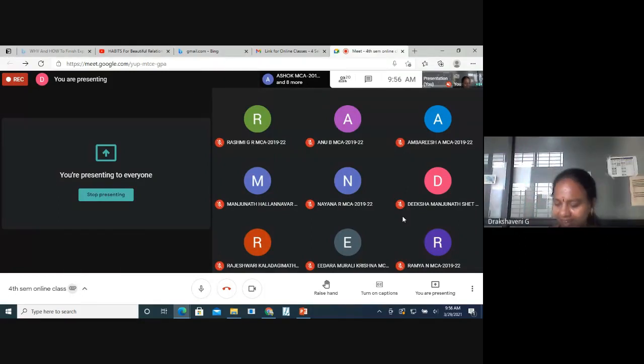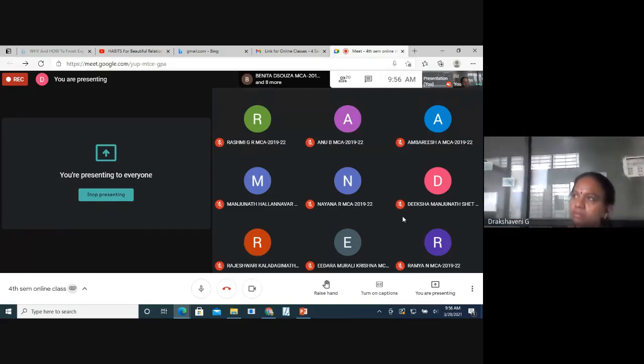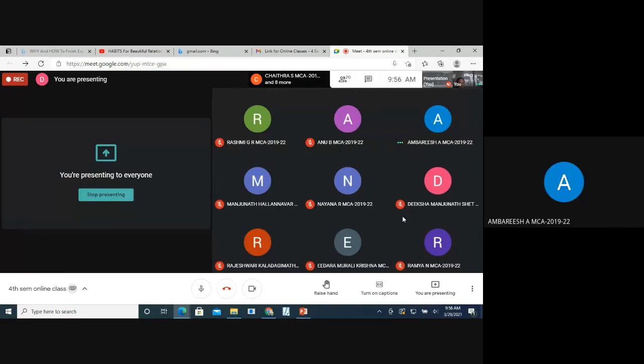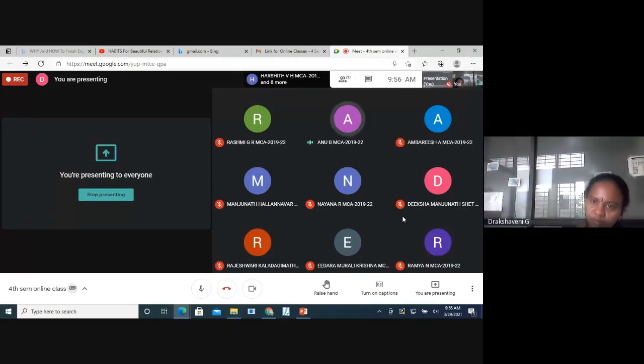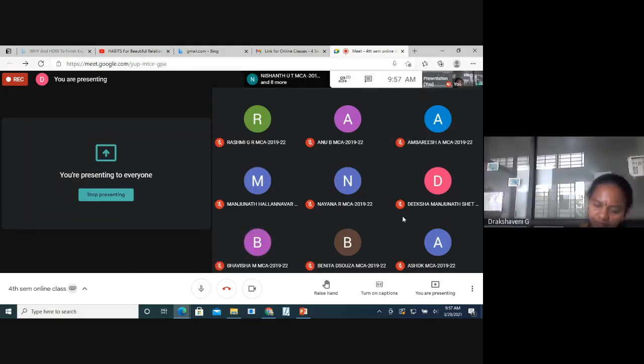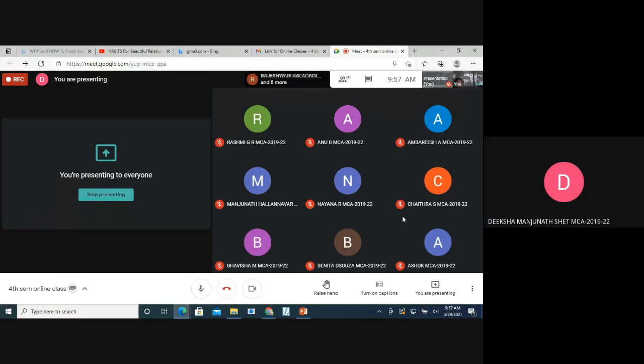Everyone is there? Answer your attendance. Abrish, Yes, ma'am. Anu, Present, ma'am. Ashok, Present, ma'am. Benita, Present, ma'am. Chaitra, Present, ma'am. Diksha, Present, ma'am. Deepika, Present, ma'am.